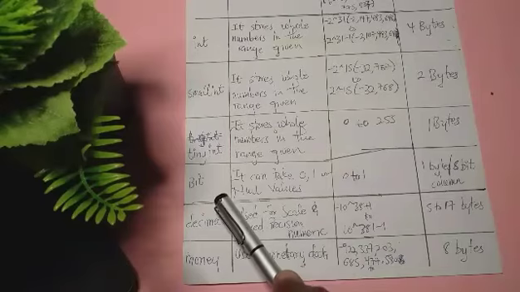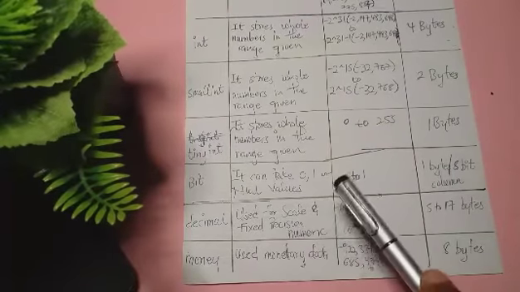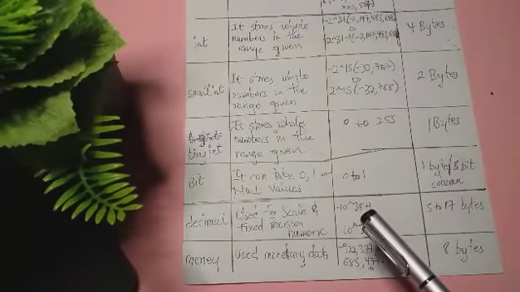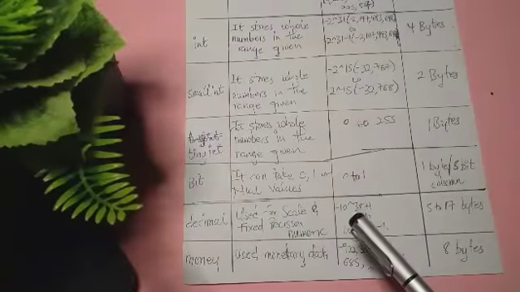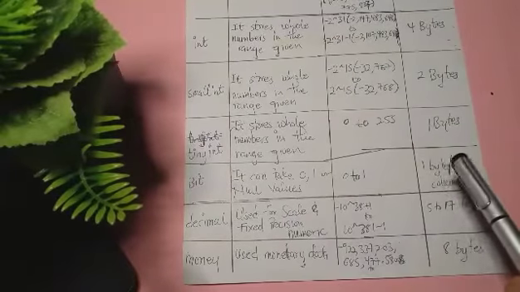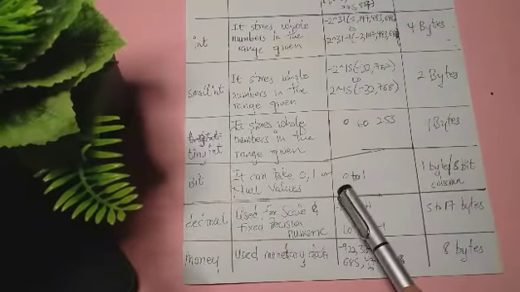And we have bit. The bit can take 1, 0, or null values, the range is from 0 to 1, and it has a memory capacity of 1 byte per 8 bit columns.